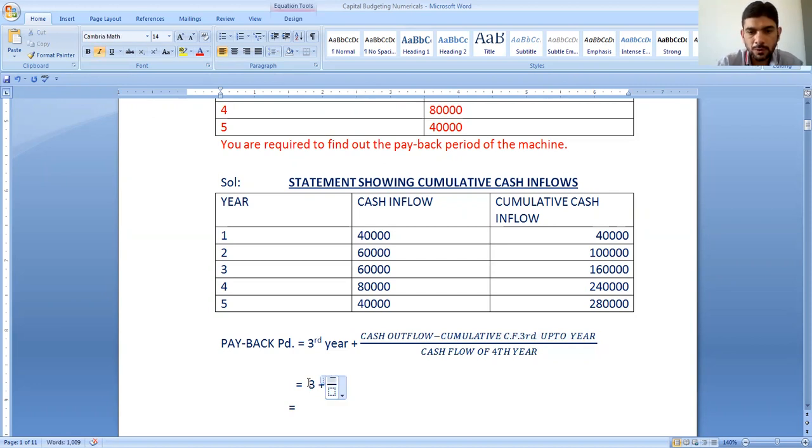Taking the numerator all together, it will be 2 lakh for the cash outflow minus cumulative value up to third year. Cumulative value up to third year, it will be 1 lakh 60,000. From the table we can check it out. For the fourth year cash inflow is 80,000. We will divide this value by 80,000.